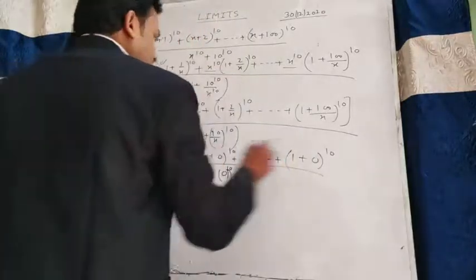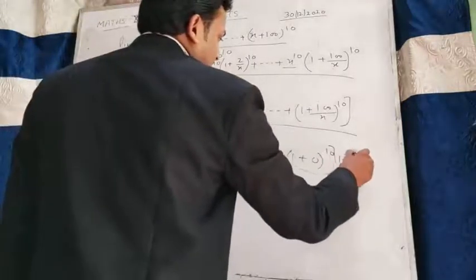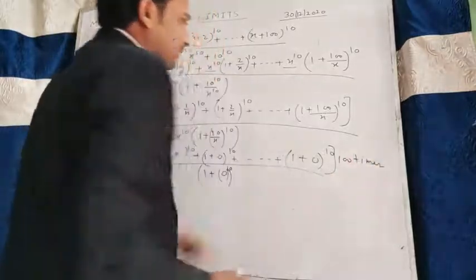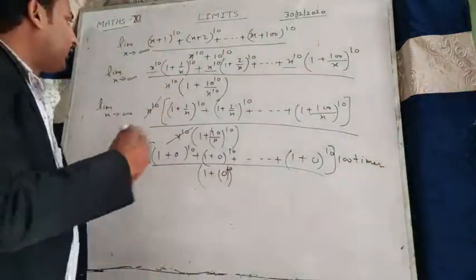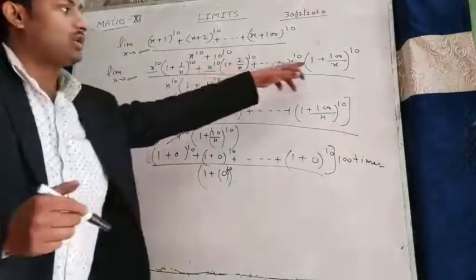Here we are writing this is 100 times, because this is 1 plus 100 by x and we are starting from 1 to dot dot dot 100.